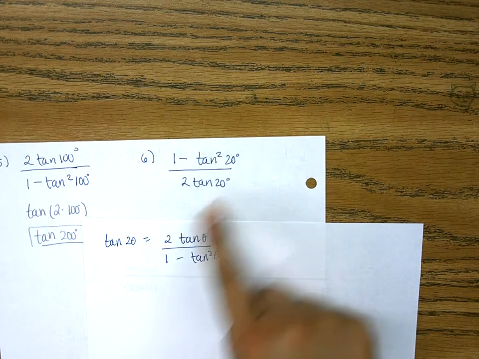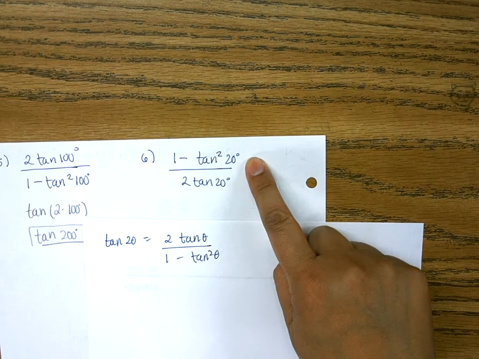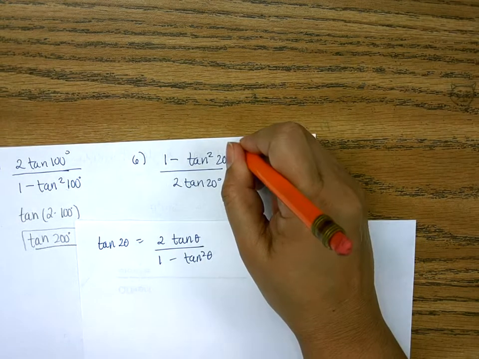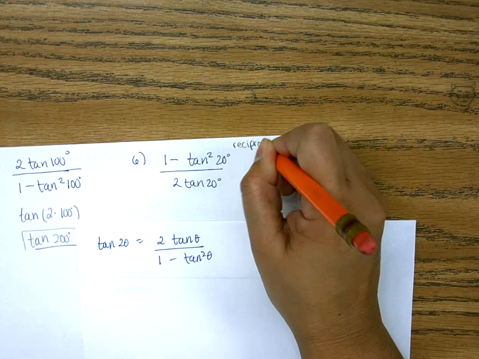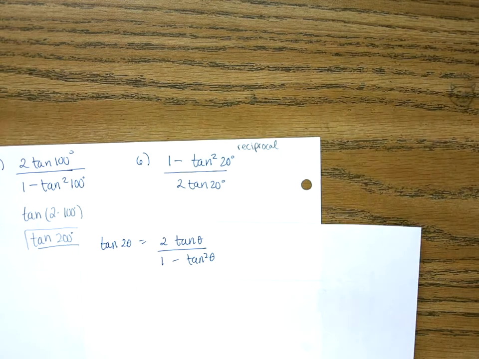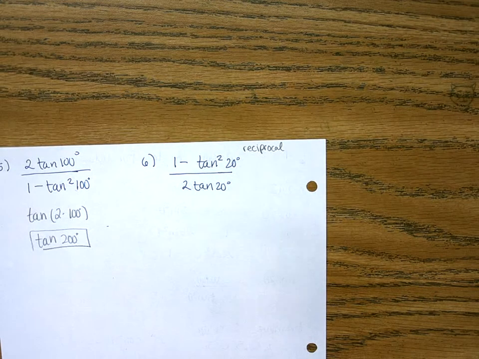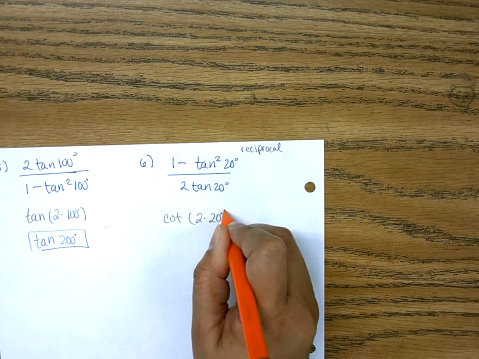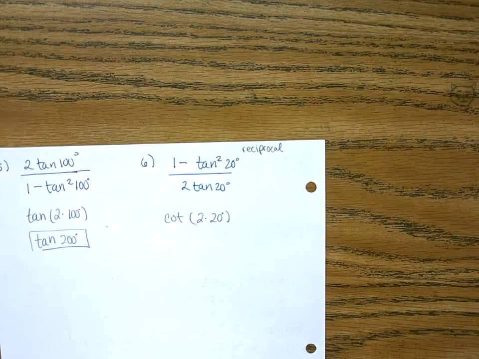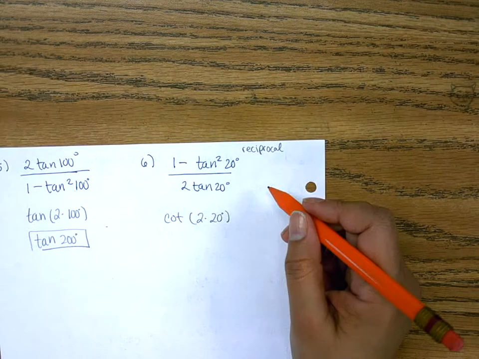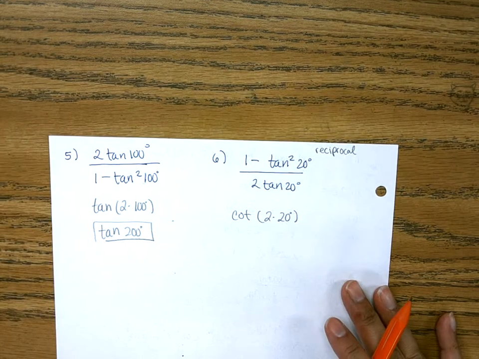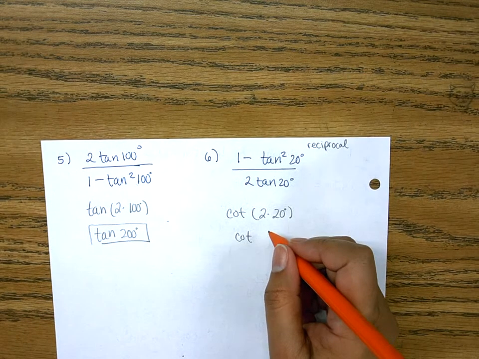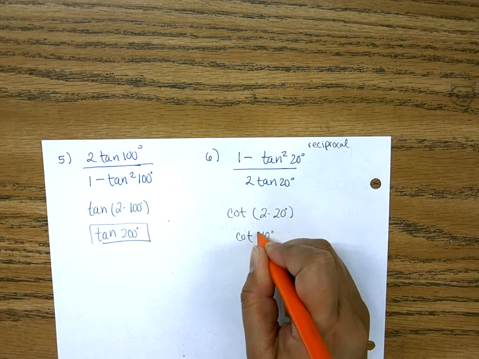The 2 tan theta is in the denominator, and the 1 minus tan squared theta is in the numerator. So it flipped, which means reciprocal. I'm going to write that up here. And what is the reciprocal of tangent? Cotangent. So it's cotangent of double the angle, and you will need to know that for the test. Okay, so this is regular, this one is reciprocal, and the reciprocal of tangent is cotangent. So cotangent of 40 degrees is what we end up with.